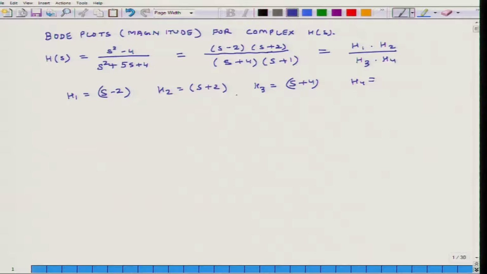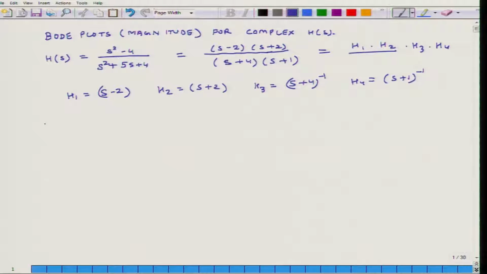A better way, because that will make the mathematics slightly easier, is that I multiply by h3 times h4. So, h3 and h4 are defined like inverse of s plus 4 and s plus 1. As I mentioned earlier, we develop magnitude plots for each of these individual transfer functions and then we add them up.